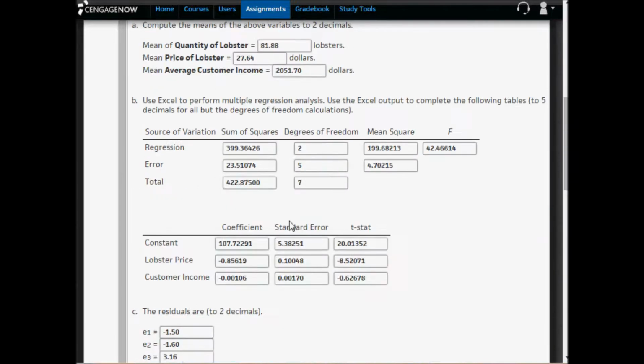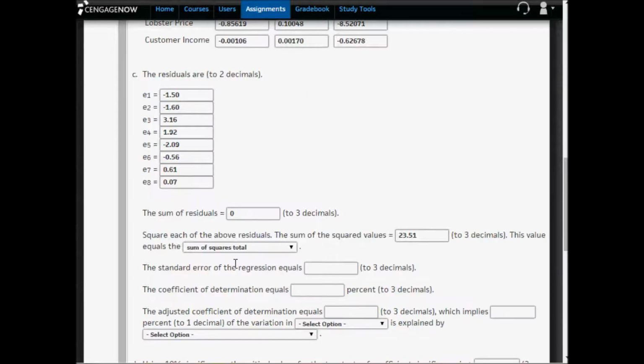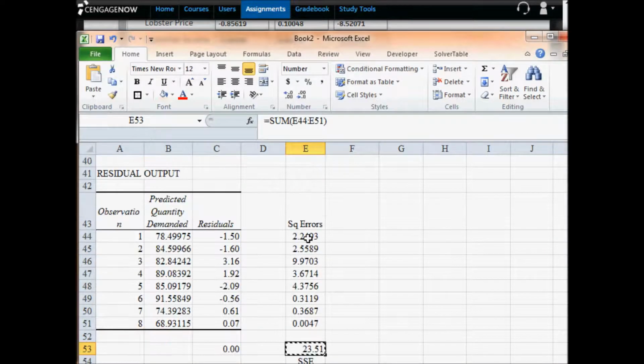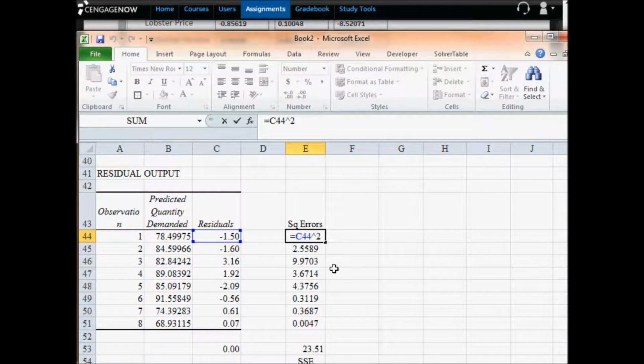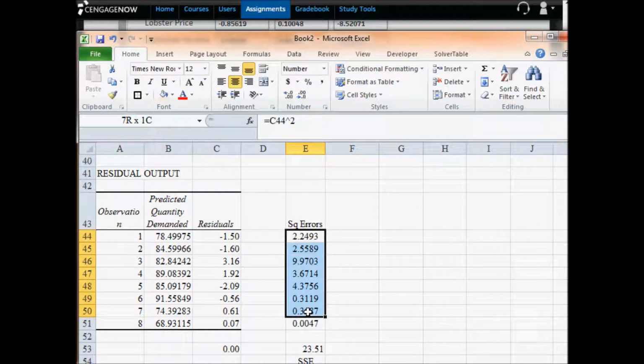Sum of squares total, SST? No. It equals the sum of squared errors. Which makes sense, right? Because how do we get it? We squared each of the residuals, or estimated errors. And then, what do we do after we squared them? We sum them. So sum of squared errors. Nothing magical about that phrase.